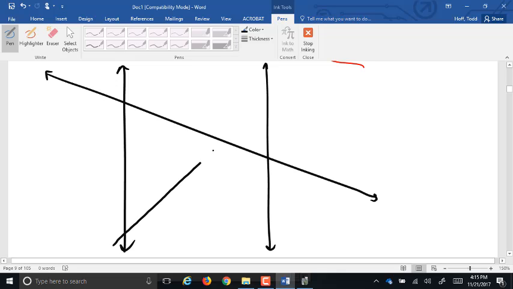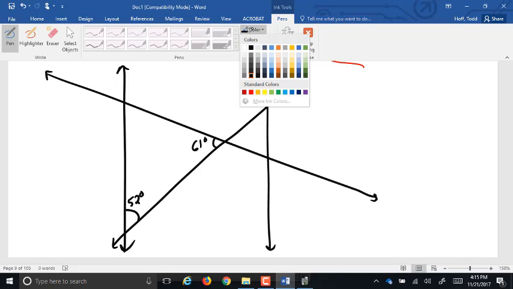And we're going to have an angle here that I'm going to call 52 degrees, and an angle right here that I am going to call 61 degrees.